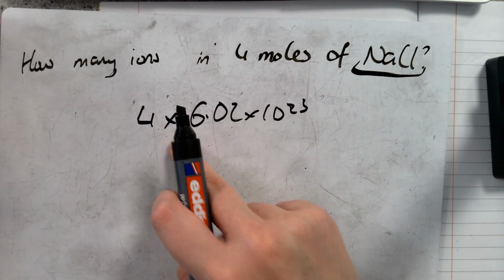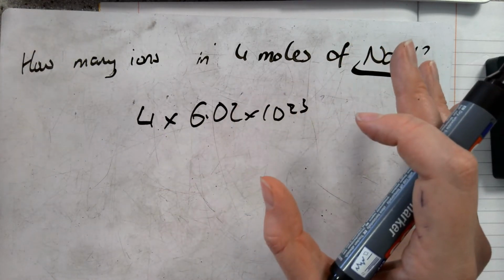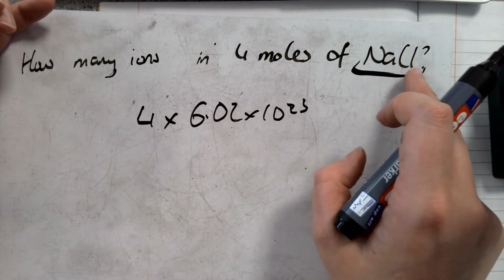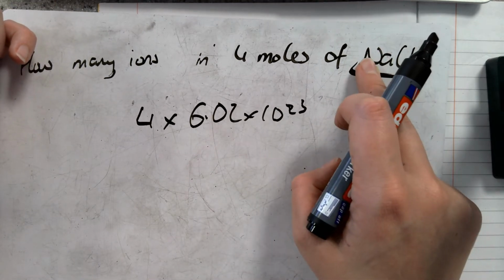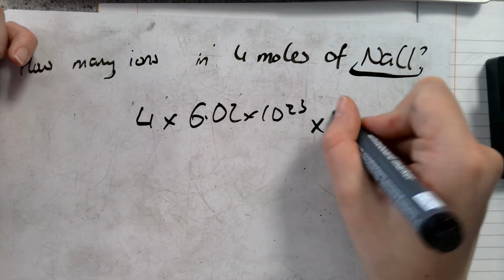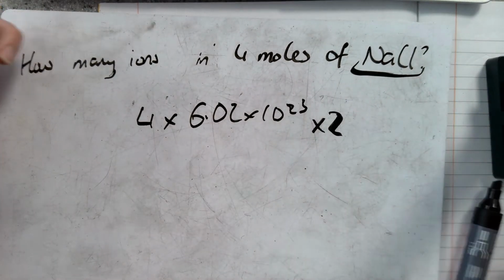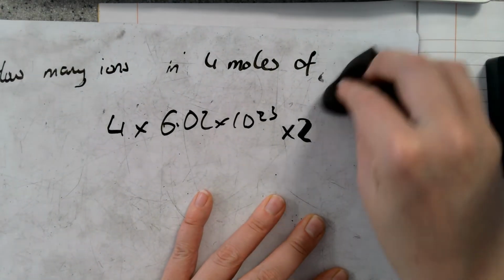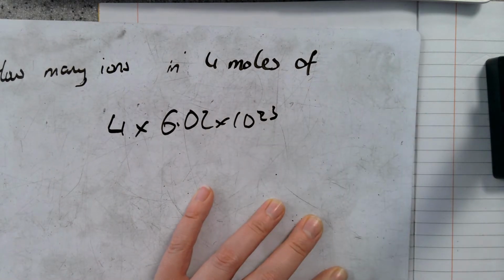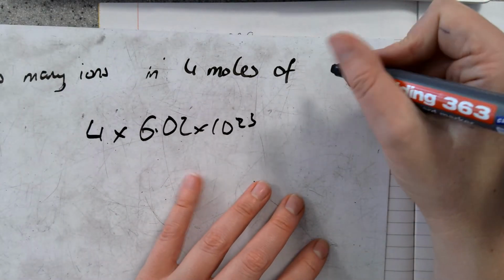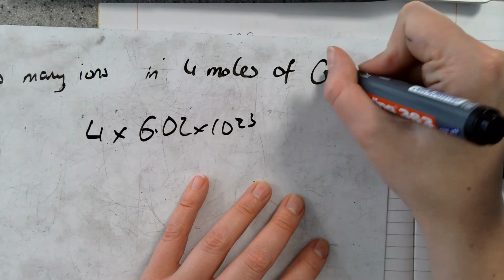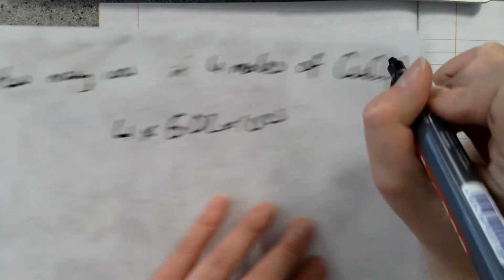So you work out how many NaCls you have, and then in each NaCl you've got 2 ions. You've got a sodium ion and a chloride ion, so at the end you're going to be timesing it by 2.